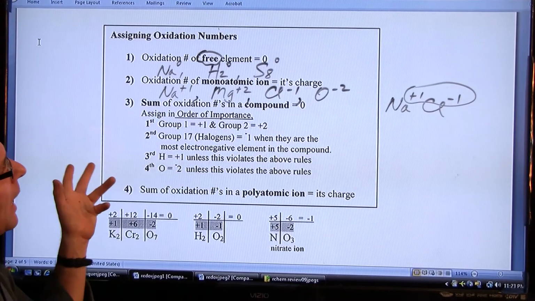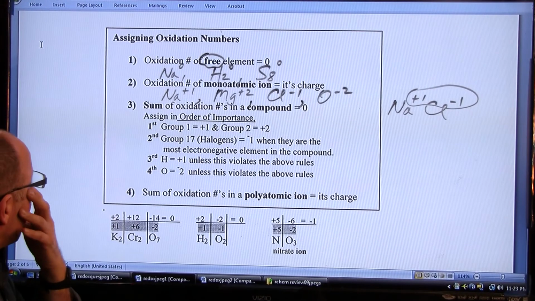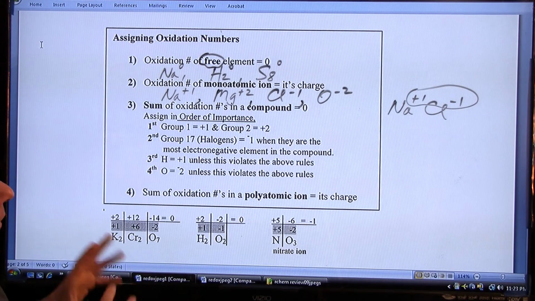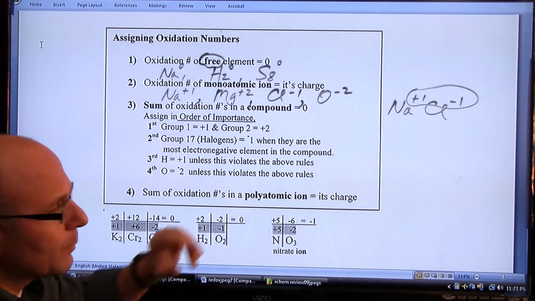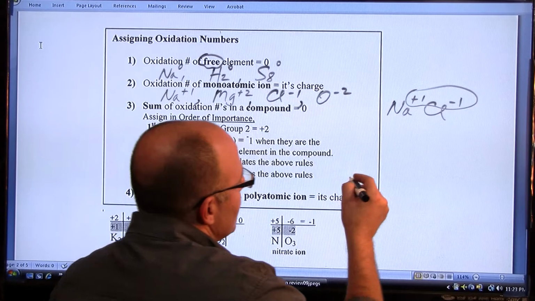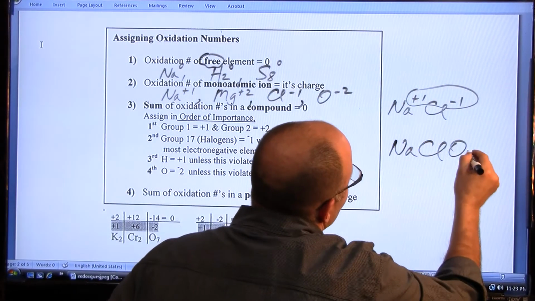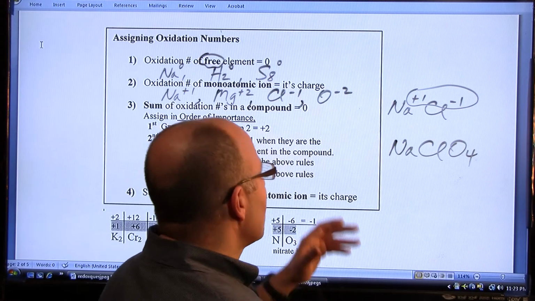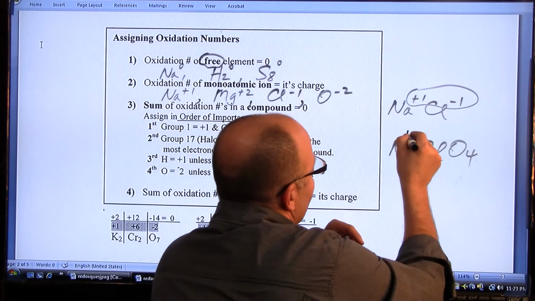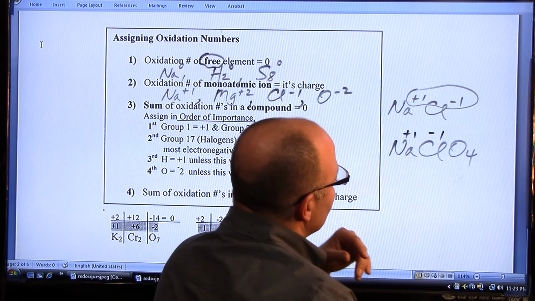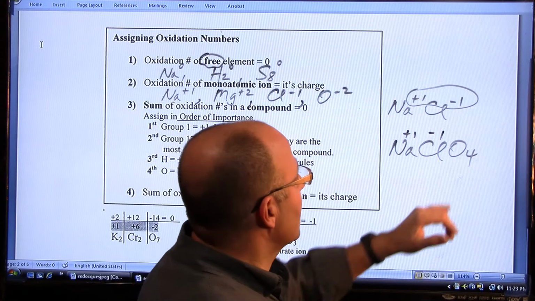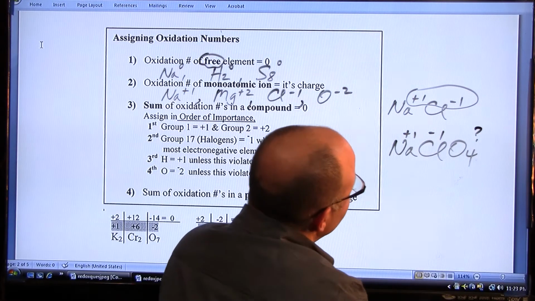Now, things get a little bit complicated when you start doing compounds that involve more elements other than these simple binary ones. For example, if I gave you something like this, NaClO4. Now, if you're assuming that the Na is +1 and the Cl is -1, now you're stuck, because what's the oxygen going to be?